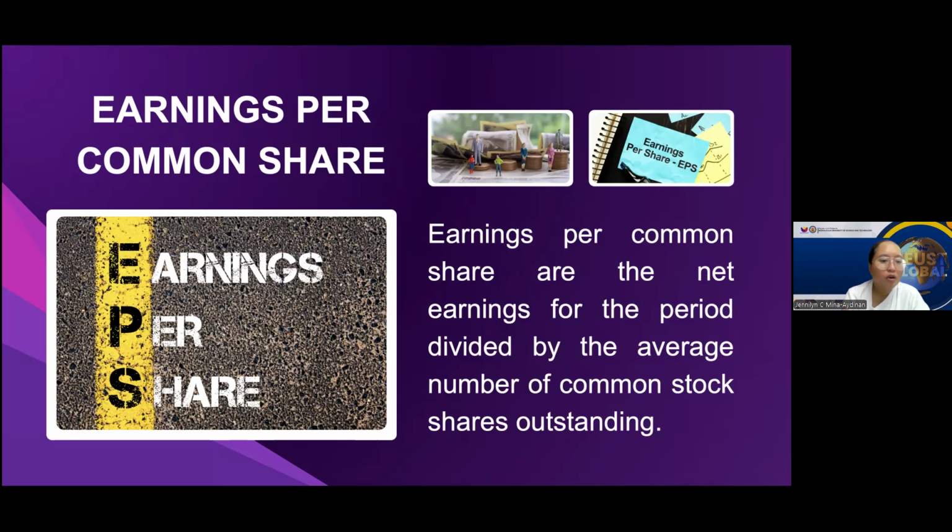Net earnings, $50,000, shares outstanding, 10,000 shares. Earnings per common share is equal to $50,000 divided by 10,000, which is equal to $5. This means that the company earned $5 for each share of common stock during the period.